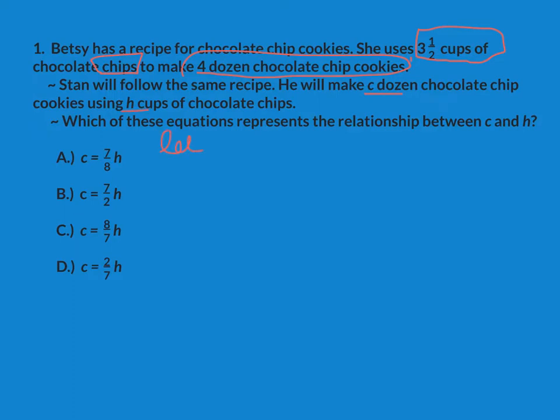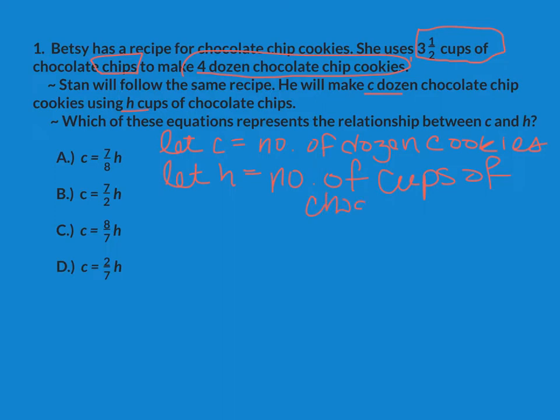Let C equal the number of dozen cookies. And obviously, those are chocolate chip cookies, unless you want them to be some other kind. But in this one, they are not. The next one is let H equal the number of cups of chocolate chips.